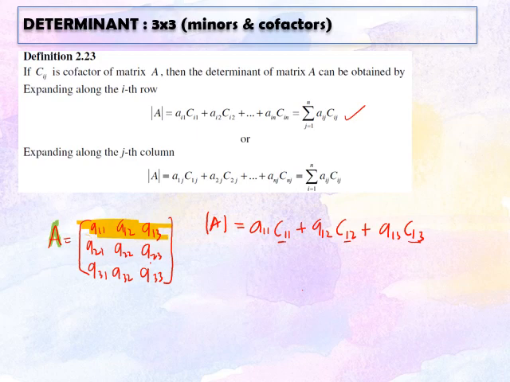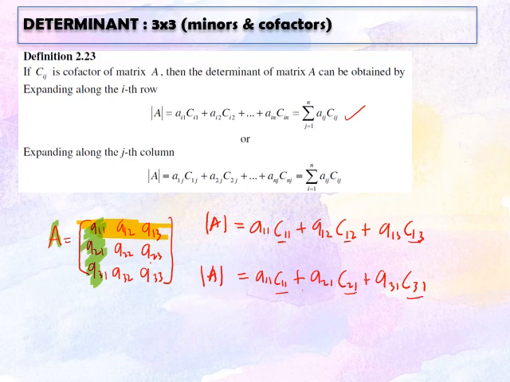Okay, if you want to find the determinant along the column, for example, column 1, then A11 C11 plus A21 C21 plus A31 times C31. So you need to find these cofactors.